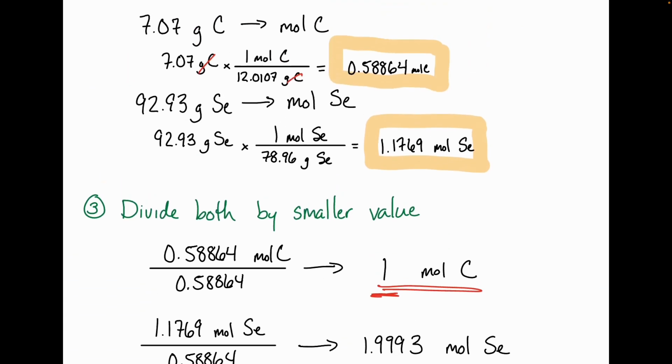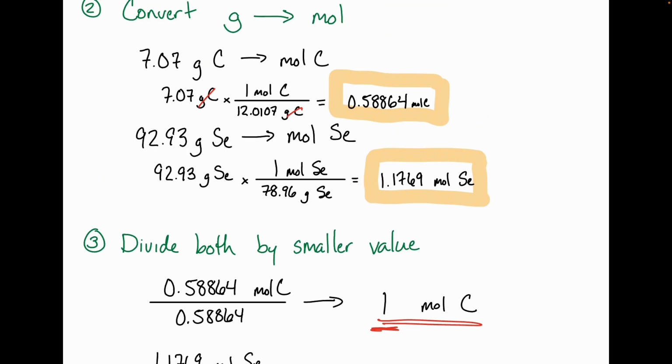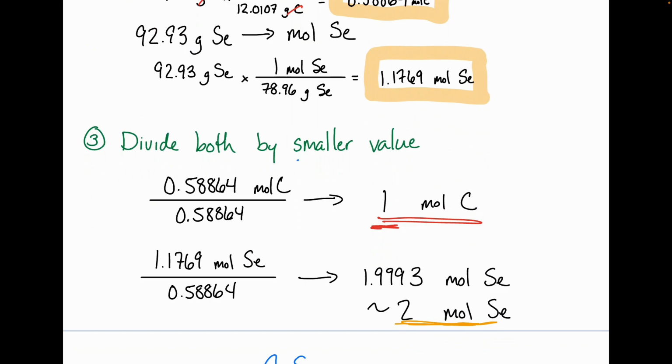All right, so there was this 1-to-2 ratio of 0.588 and 1.1769, but you can't really see that, right? That's very difficult to see just by looking at those numbers with all their decimal places. We can make it way more obvious if we take both of those numbers and divide by whichever value is the smaller value, right? That's just going to help us see what that magic ratio is.